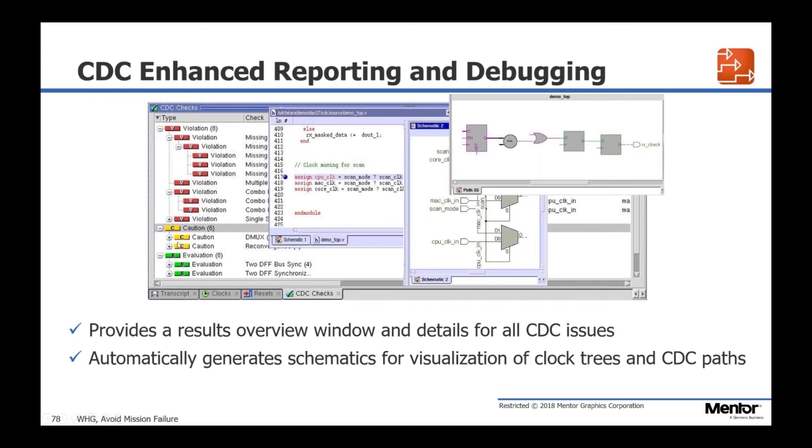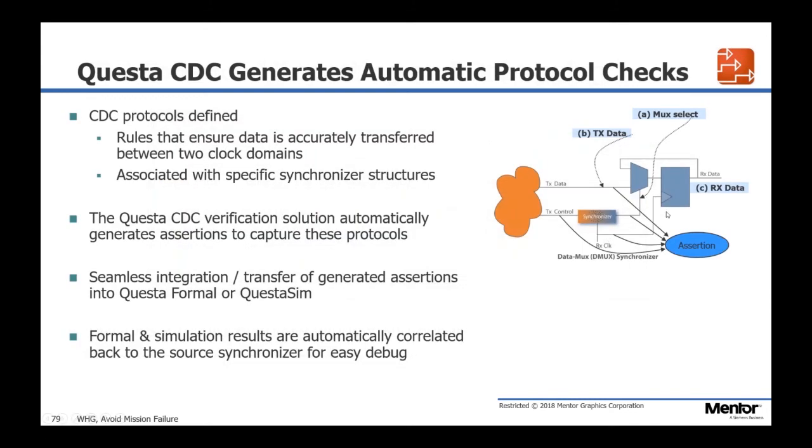So these are structural violations that it identifies immediately with its static checking. The second thing is the cautions that it's pointing out, something like this, where it's saying, okay, I'm trying to pass a bus across, and this is a proper structure. I'm passing a signal that says go ahead and sample. This is being held stable. Go ahead and sample it, get it in there. Okay, it's crossed over.